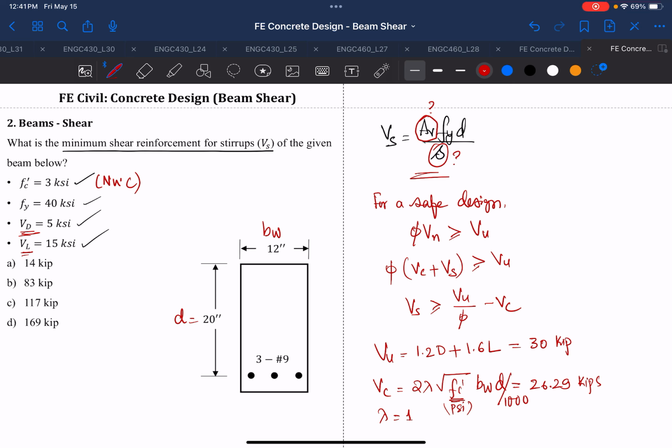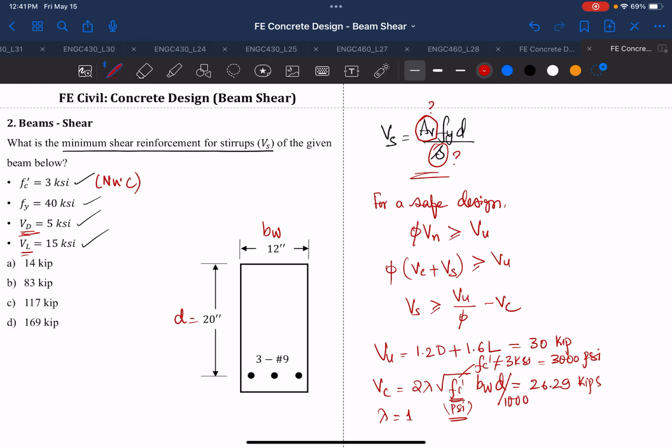So don't put fc' equal to 3 ksi. Instead, you should always keep the unit consistent with the formulation, because this formula is derived based on fc' in psi. So please make sure that in your concrete equations, the unit is very important. Once you mess up the unit, you mess up the whole equation.